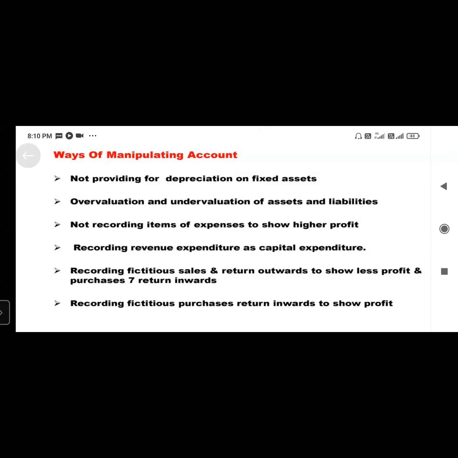So this, I think, overvaluation and undervaluation we had discussed, valuation of assets and liabilities. Now we will start with not recording items of expenses to show higher profit. Again, it is against ethics, because ethics means we have to follow the right path.